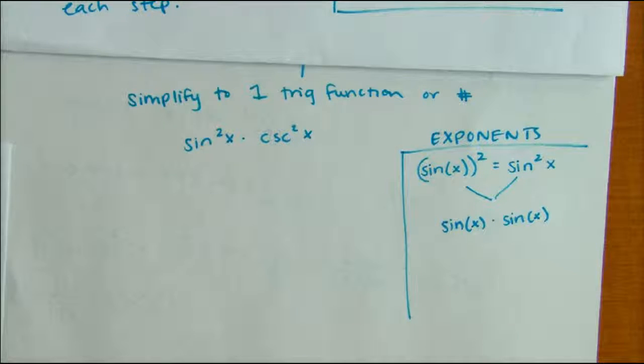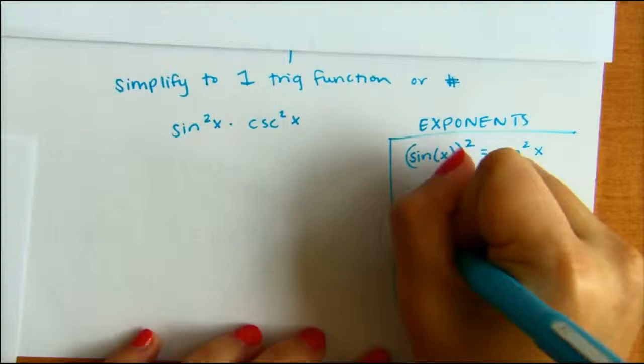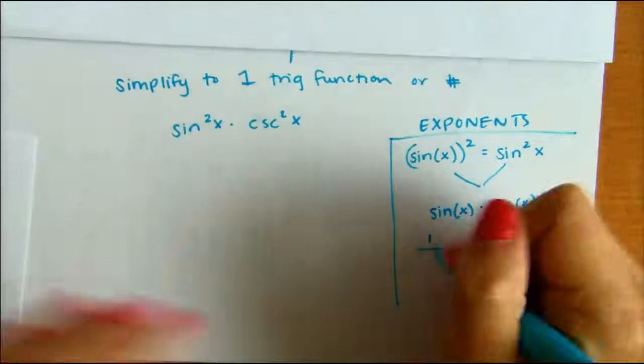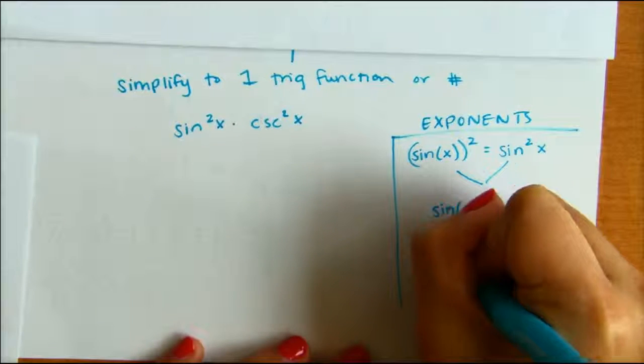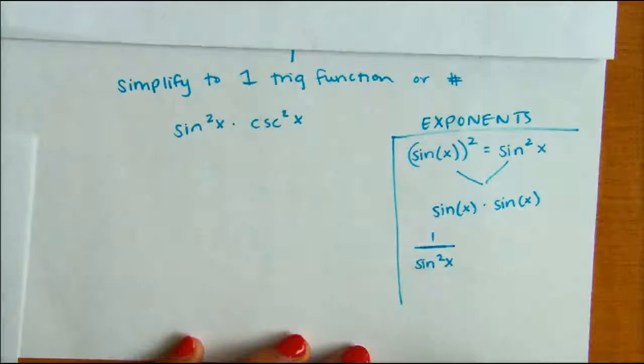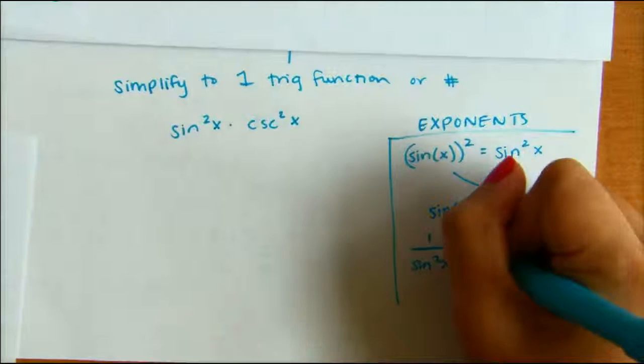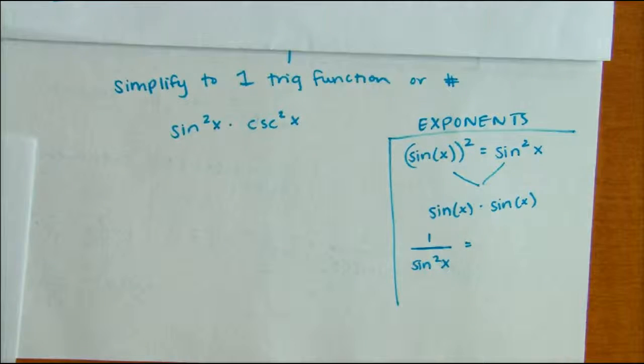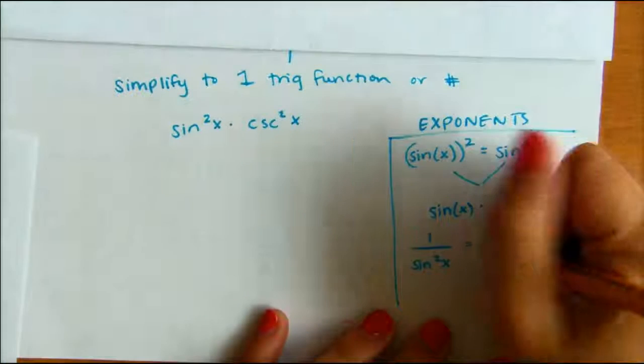So let's take a moment and think. If you had 1 over sine squared x, what do you think that would be equivalent to? Maybe you said something like, I know that 1 over sine of x is cosecant of x.